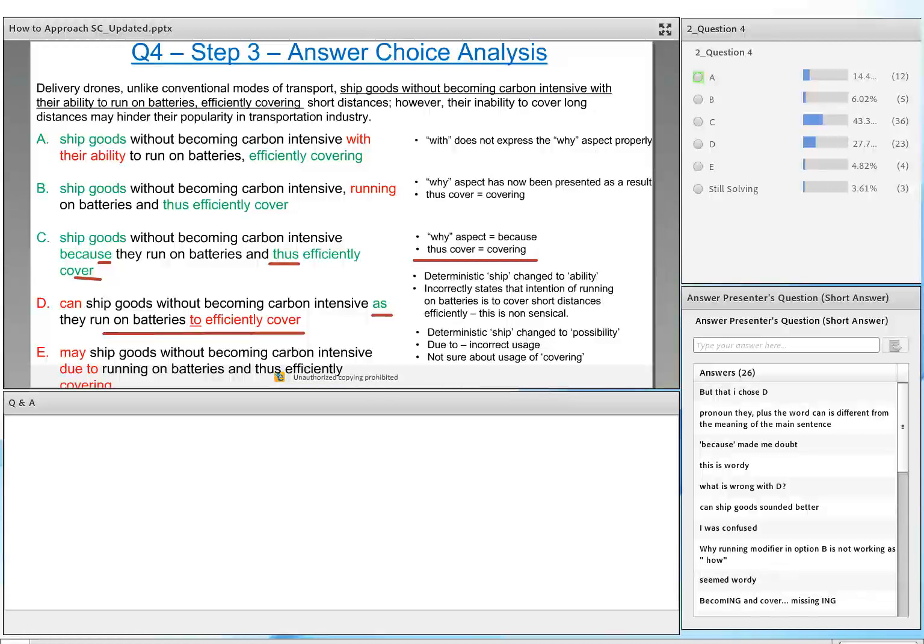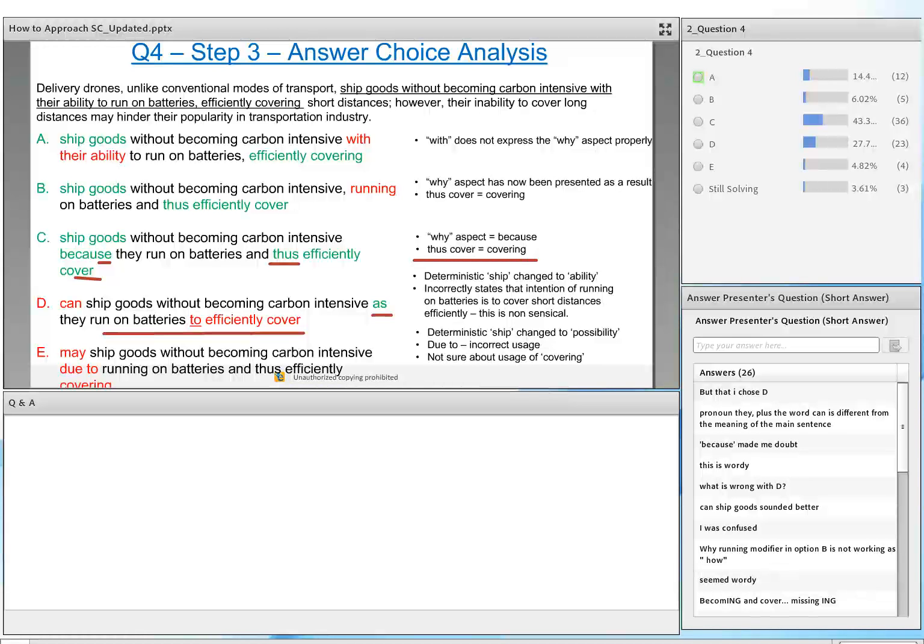Even if you didn't understand that "with their ability to run on batteries" is an incorrect expression, you should still have been able to understand the role played by it. You should have been able to figure out the role played by "efficiently covering short distances."